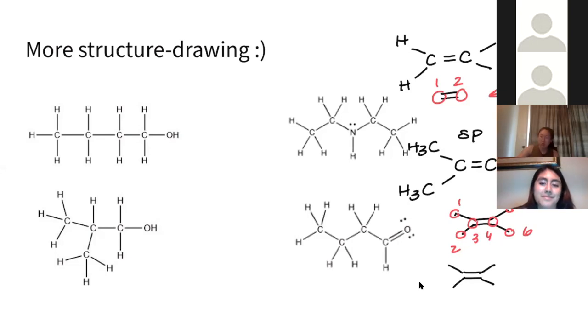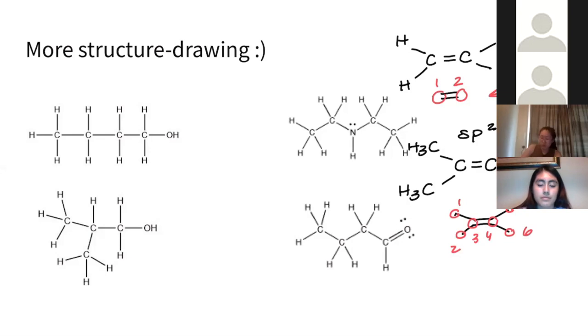Correct me if I'm wrong. Yeah, sp2. And so you're going to have pi bonds going up and down, but those will keep the carbons linear to each other. Does that answer your question?